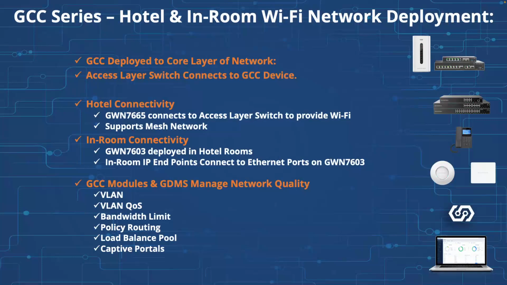So all of the in-room IP endpoints can be connected to the Ethernet ports of the GWN 7603, which is going to provide Wi-Fi for the guest in room, and it's going to power your IP phones, your IP TVs, and your other IP endpoints. And then some of the GCC features that are going to allow you to manage the network quality are your VLANs, your VLAN QoS, your bandwidth limits, policy routing, and your captive portals.